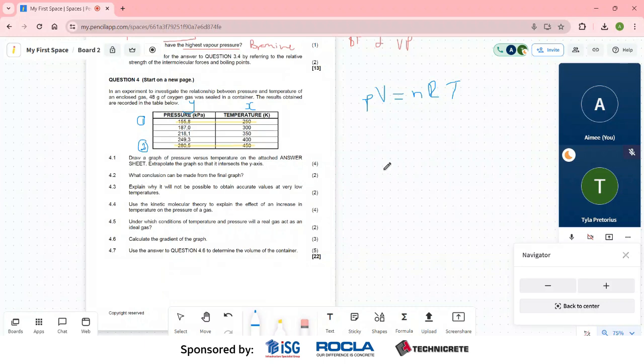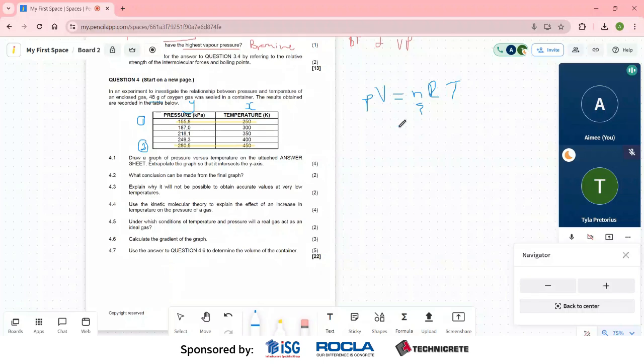Okay, so step number 1 is to convert this mass into moles because we don't have moles. We can use a P and a T from my table. We're looking for V, so we need n so that we can plug in to get a V value.